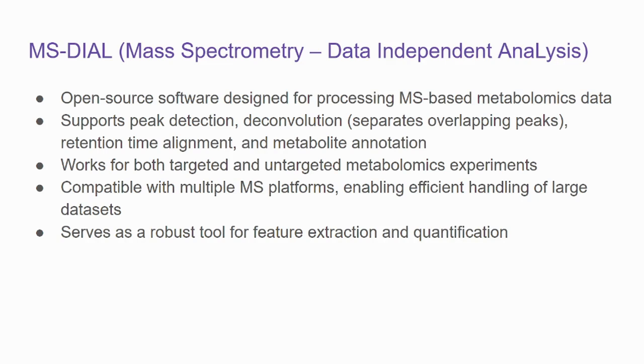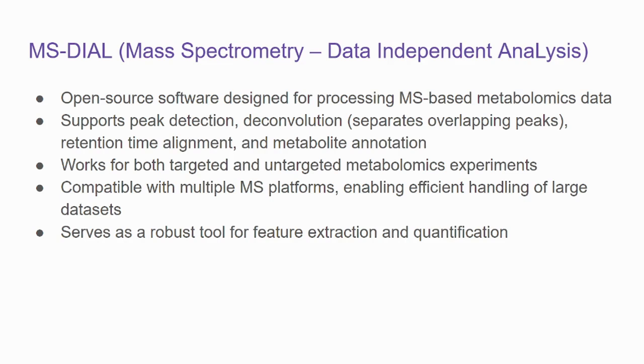And then there is retention time alignment and metabolite annotation. Everything we can do inside MS-DIAL itself. It works for both targeted and untargeted metabolomics experiments, like we had discussed before. It is also compatible with multiple mass spectrometry platforms, so we can handle large data sets. Okay, so this is about the first tool that we'll be using, that is MS-DIAL.